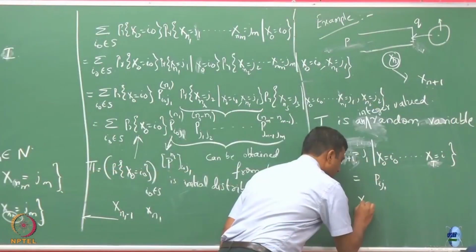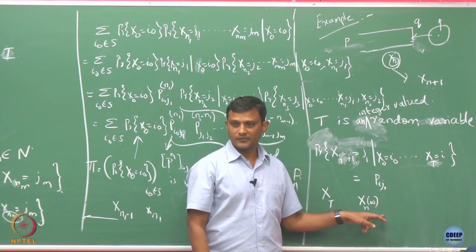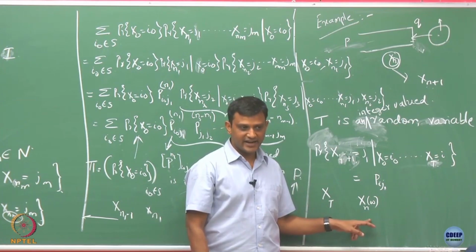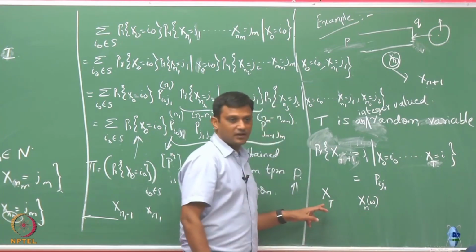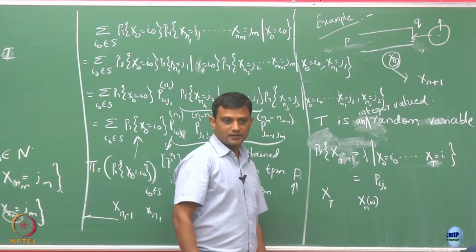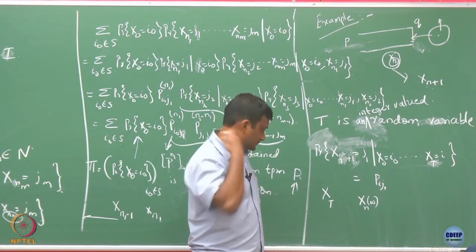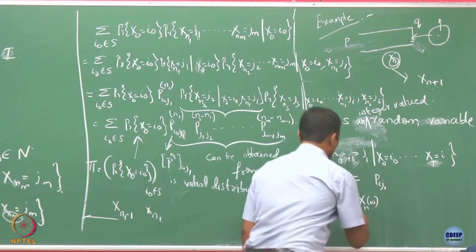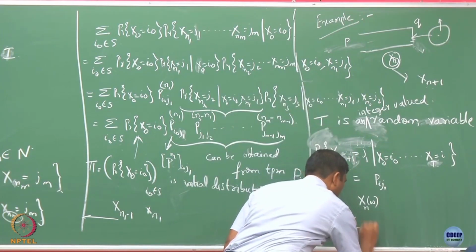I know that X_n of omega is the value taken by my nth random variable at sample point omega. Now what does X of T mean? It is the value taken by the random variable at index T, which we denote as X_T of omega.